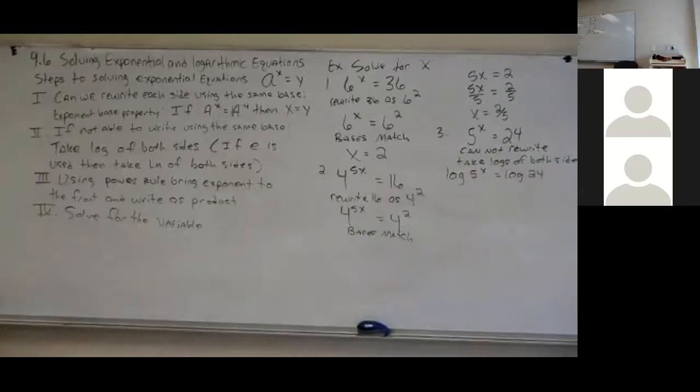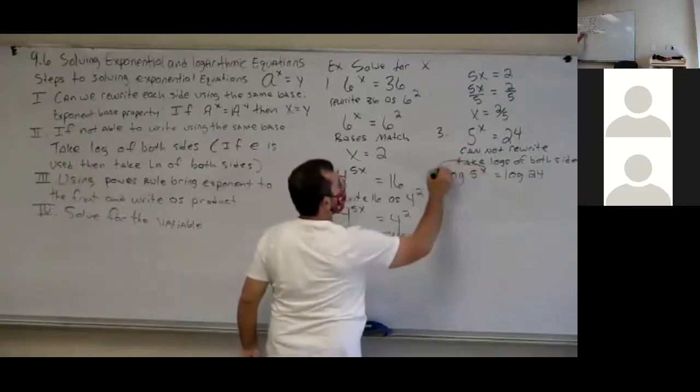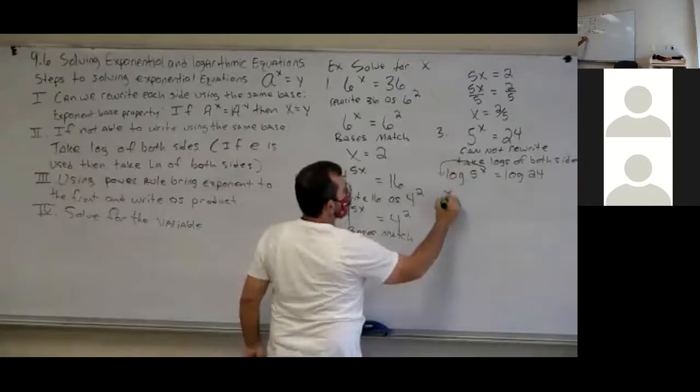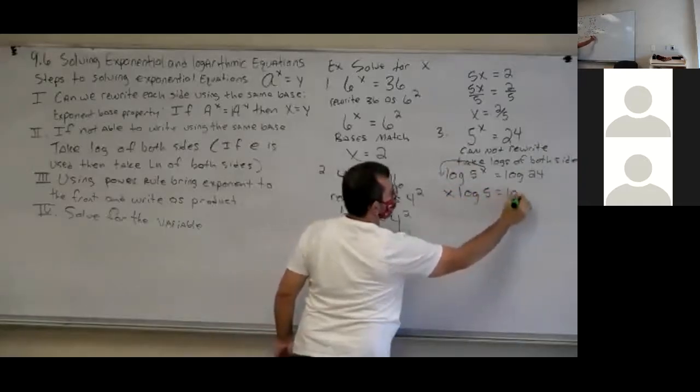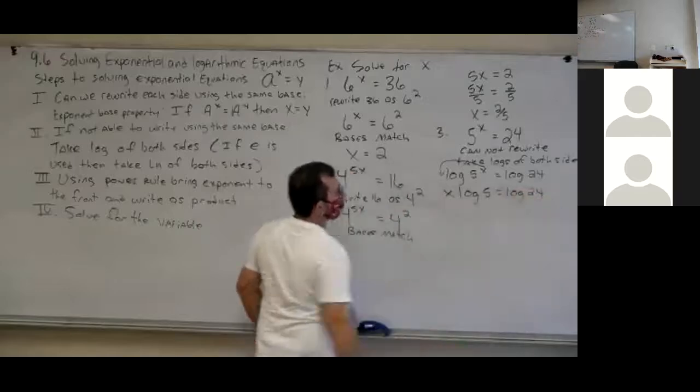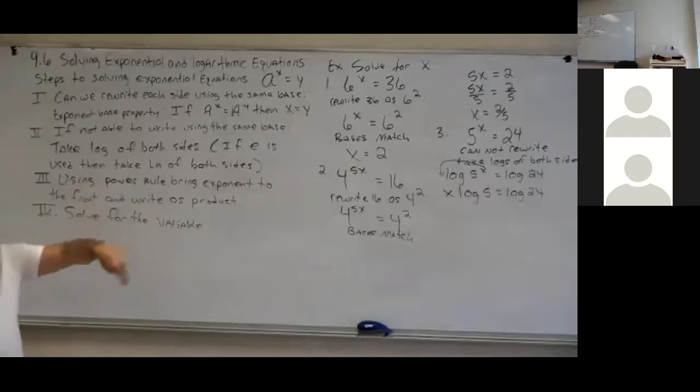And the whole reason I did that is because now, since I have a log with an exponent, I can pull the exponent down to the front and rewrite this as x times log of 5 equals log of 24. That's why I was playing with that last week so much, about the exponents being pulled down.